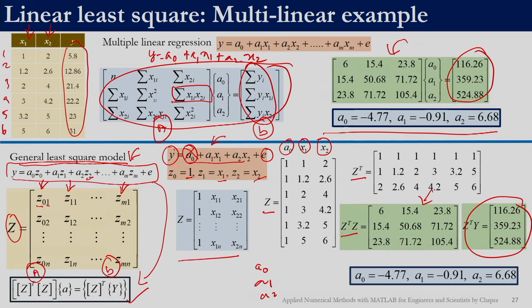So, since the coefficient matrix A and the right hand side vector B are identical, our solution X will also be identical, right. So, instead of employing this approach, we can directly employ this approach to solve a linear least square problem. Again it is one and the same thing, it is just that this might be a little bit more convenient.